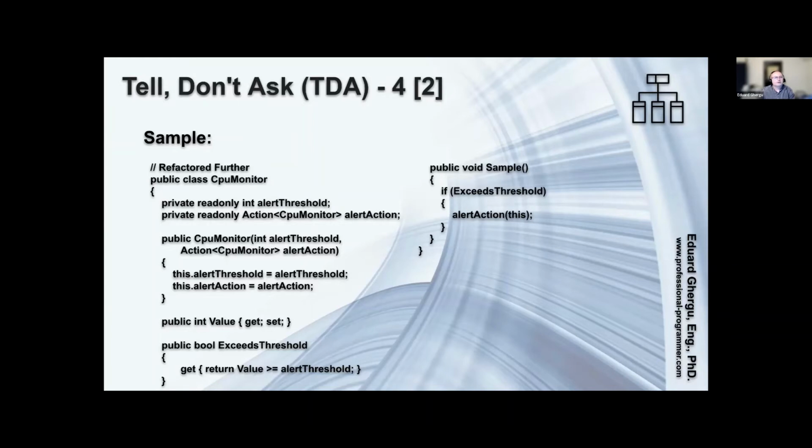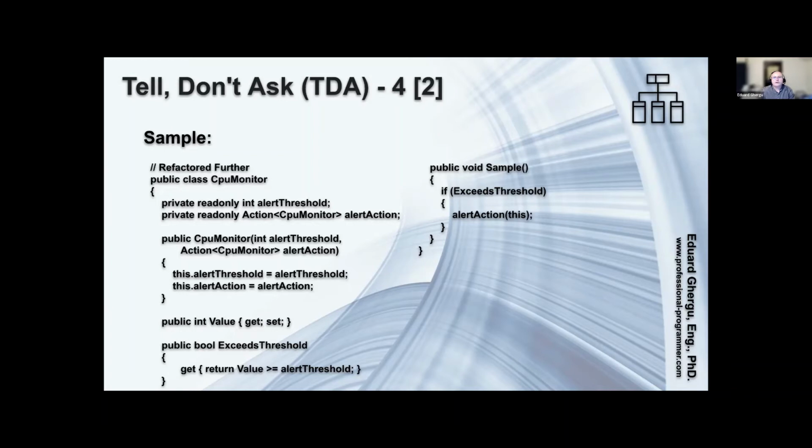So in the end, the CPU monitor will get the threshold, and will get the pointer or the reference to that function or method that will actually handle the situation, the case.